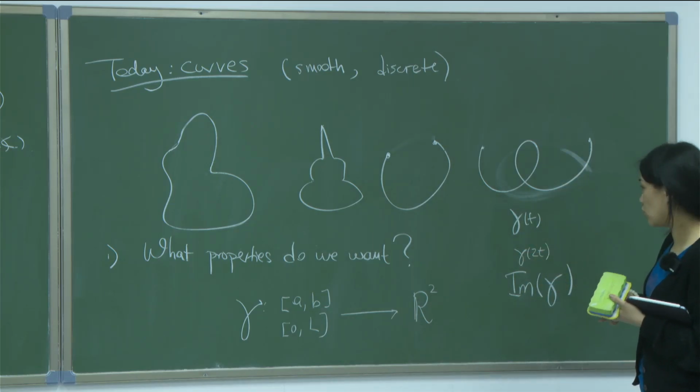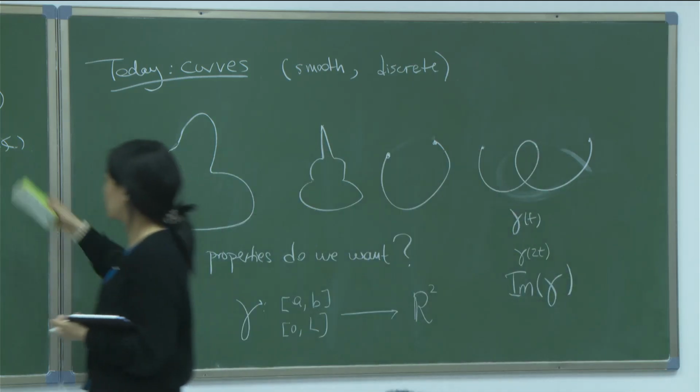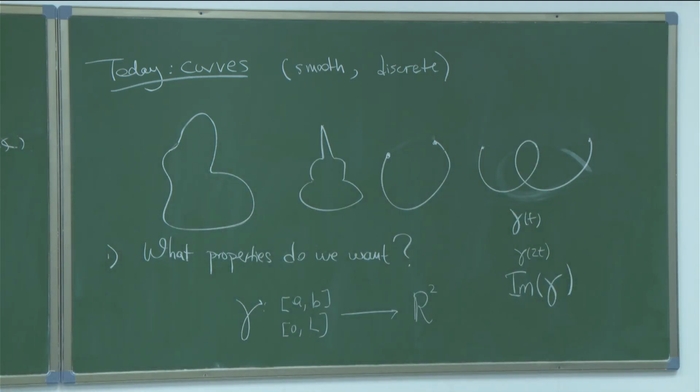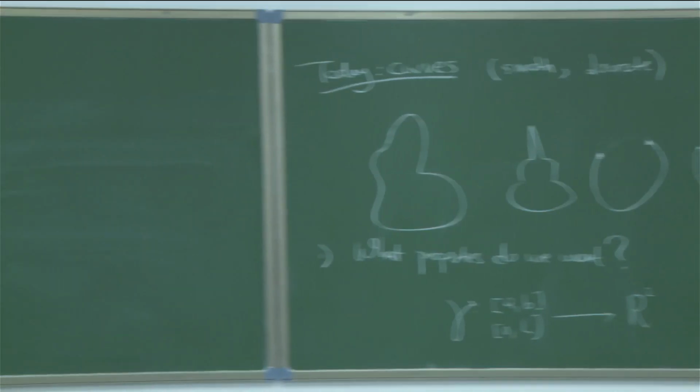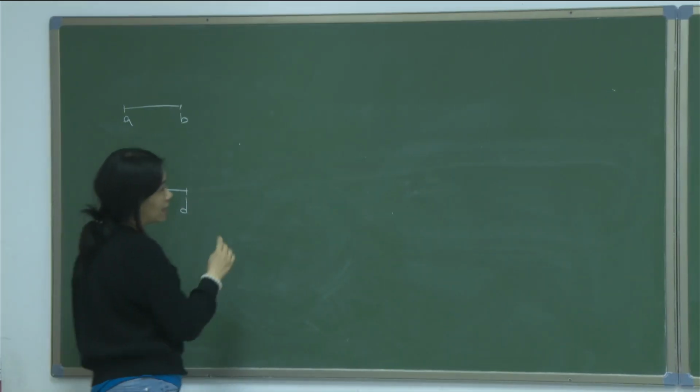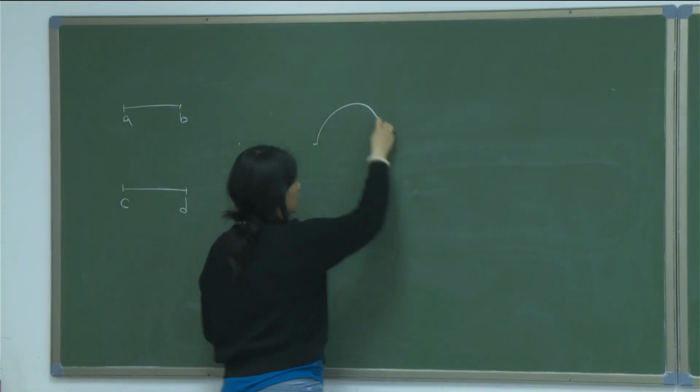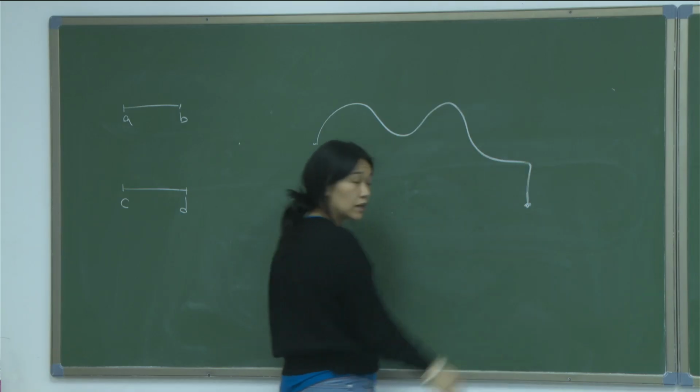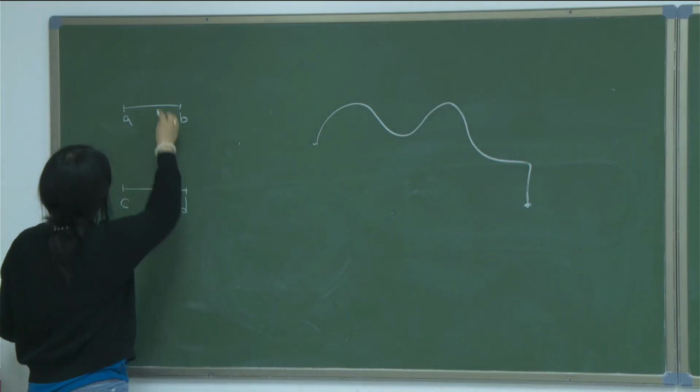So let me draw a slightly different picture so that I have more space to tell you what this is about. So we have here an interval AB. We have here interval CD. And because it's easier, let's start with an open curve. Okay? So this is gamma.